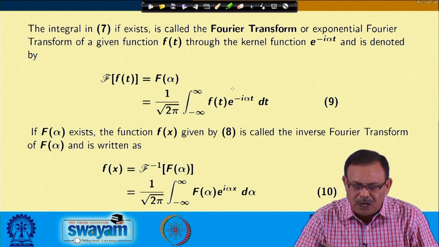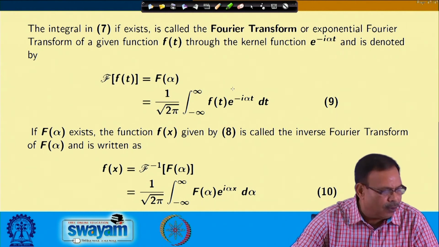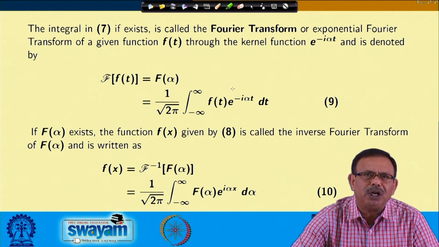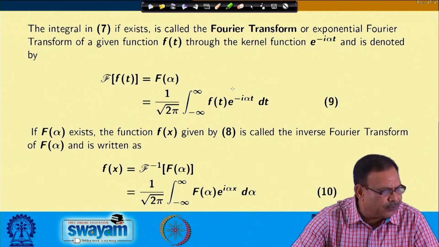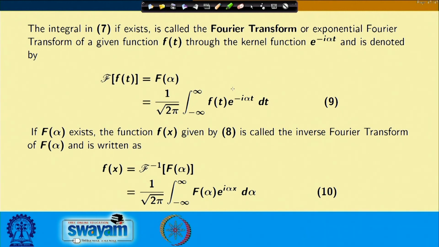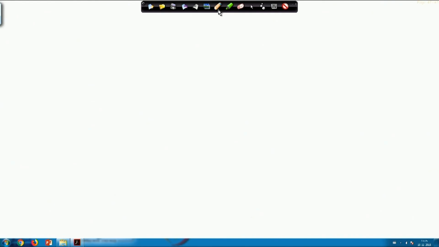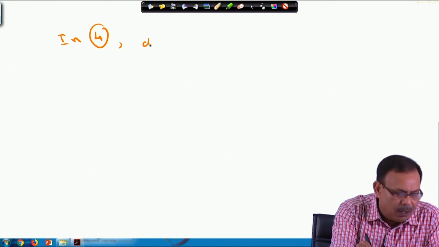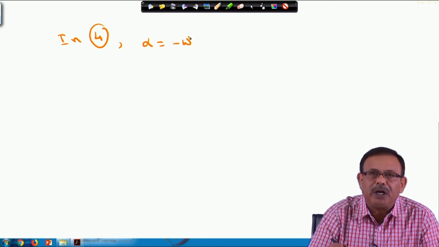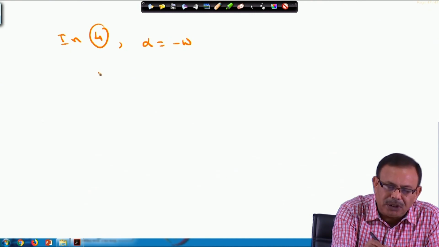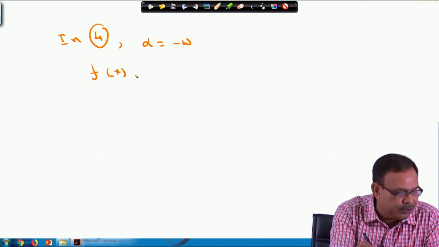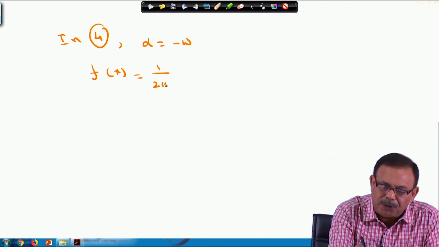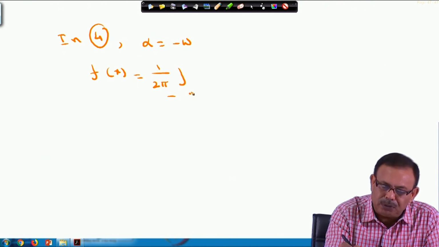Now, I told you about equation 4, where I got the Fourier integral representation in complex form. In equation 4, if we put alpha equals minus omega, then f(x) will be equal to 1 by 2 pi, integral from minus infinity to infinity.